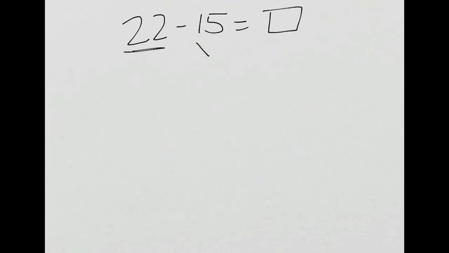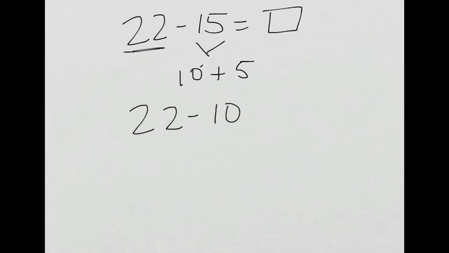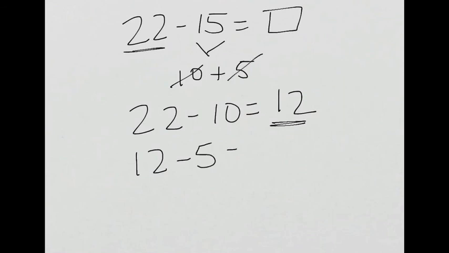And this is breaking down tens and ones again, but when subtracting, we need to keep the largest number whole. So we don't mess with that guy, but we do break down the 15 into the 10 and the 5. So then I would subtract each piece of that. And then I have to take my 12 and subtract the 5 from that, getting my answer of 7.